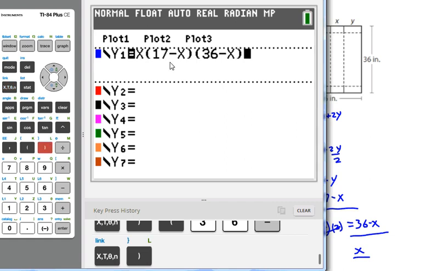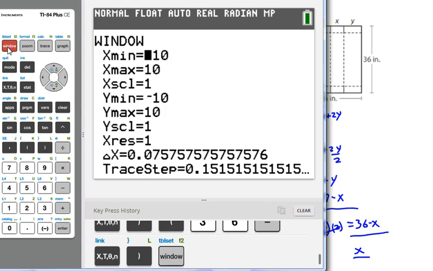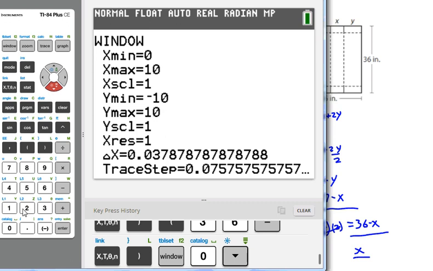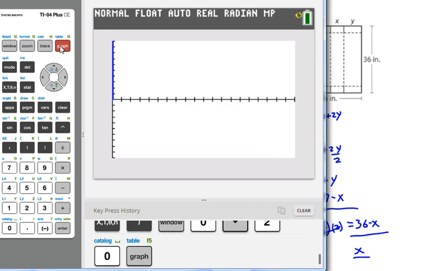And we're going to look between 0 and 17, which is going to be our max value of x. We graph this function. Let's go ahead and set our window because we know we're going to need to go from 0 to 17 possibly. So I'm going to change this to 20. Then if we graph this function, this is what we get.